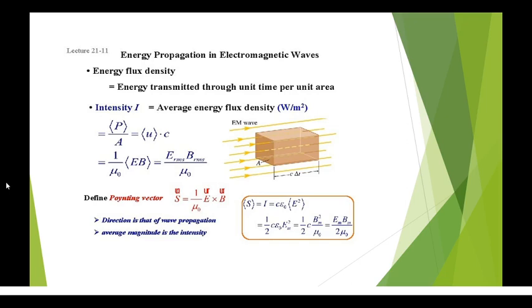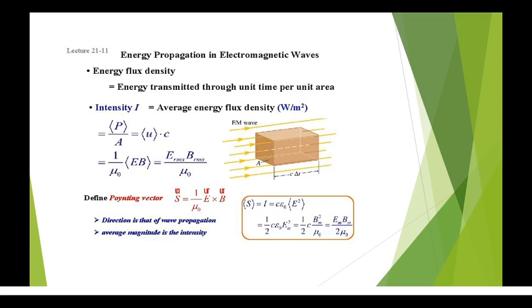That means intensity and the Poynting vector have the same dimensions. That is energy per unit time per unit area. That means the unit is joule per second per meter square.